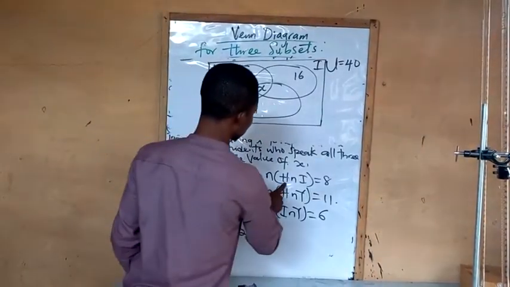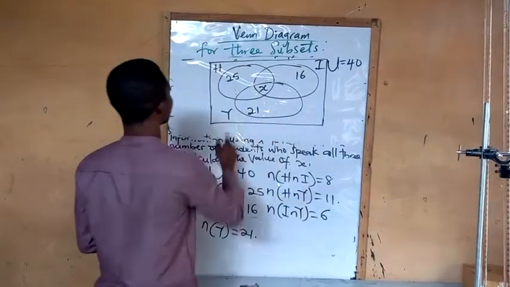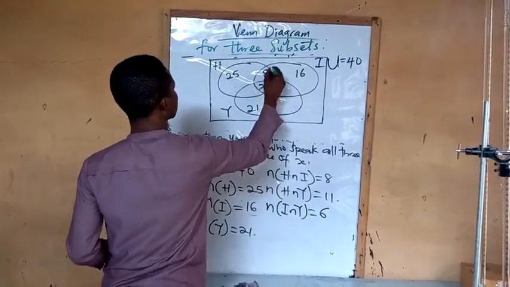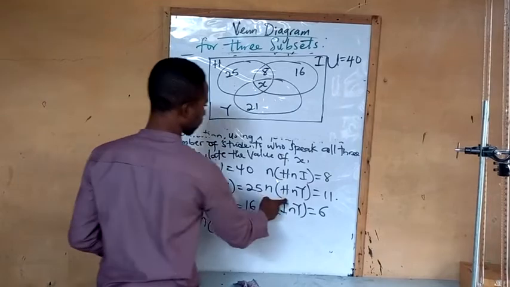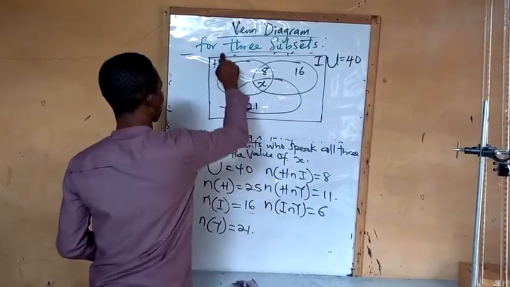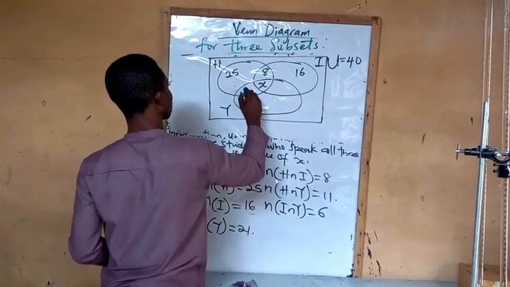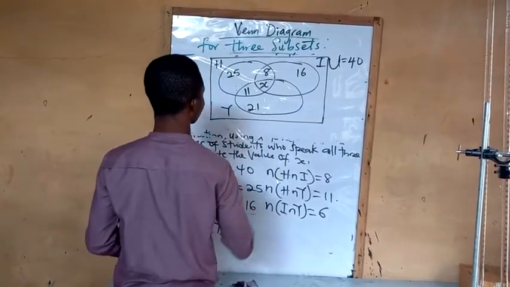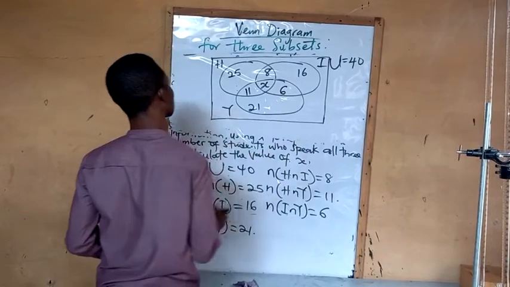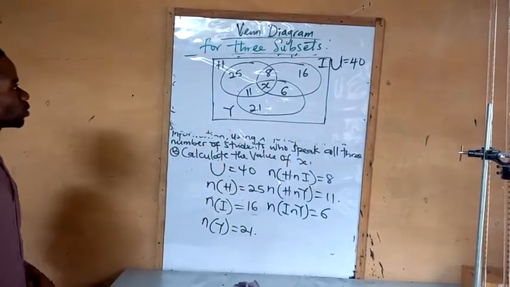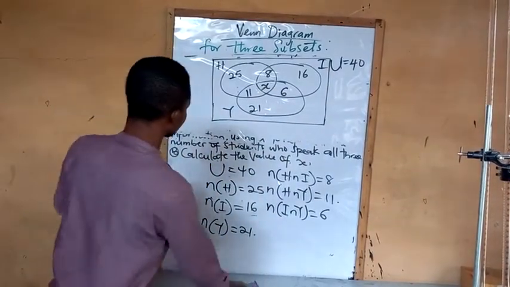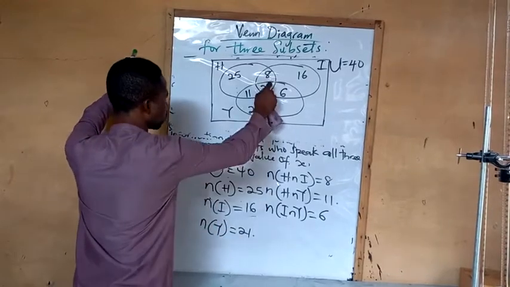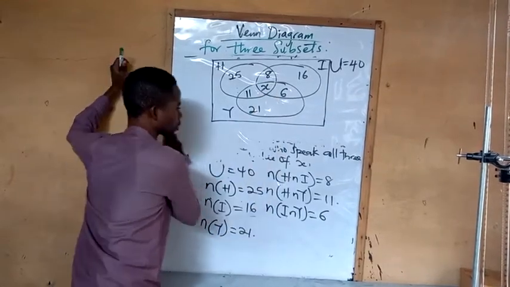And for Hausa and Igbo, this is where they meet, 8. For Hausa and Yoruba, we have 11. And for Igbo and Yoruba, we have 6. Okay? They say we should calculate the value of X.